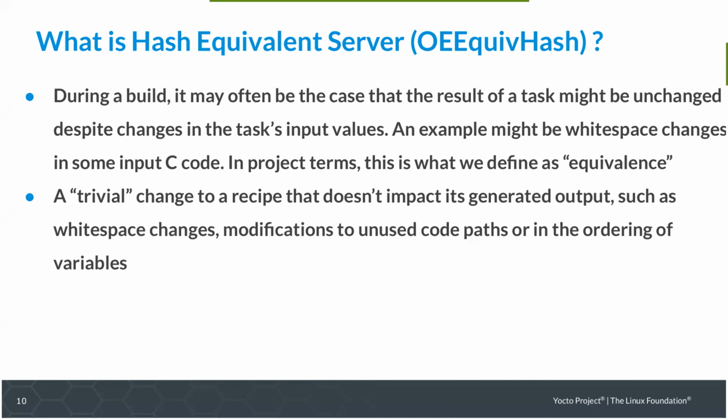If you look at the output when you compile this project, this change will not modify the output. So we can define this as equivalent. If you take a white space out of the C code, you're not going to see an impact in the end result. So the hash server will look for this kind of thing, and will avoid rebuilding things. They have an inner mechanism to do that.